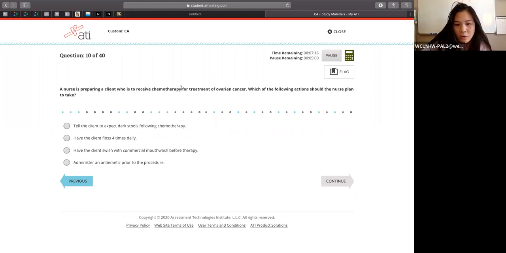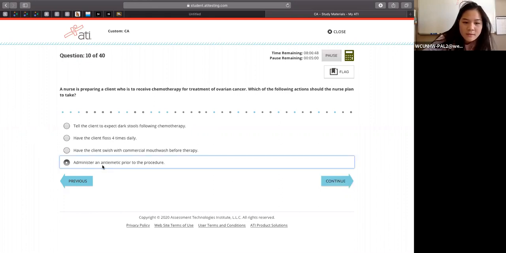They're getting chemotherapy. With chemotherapy, remember that it causes nausea. So what are you going to pick? It's going to be this one, because this is a medication to help prevent nausea.